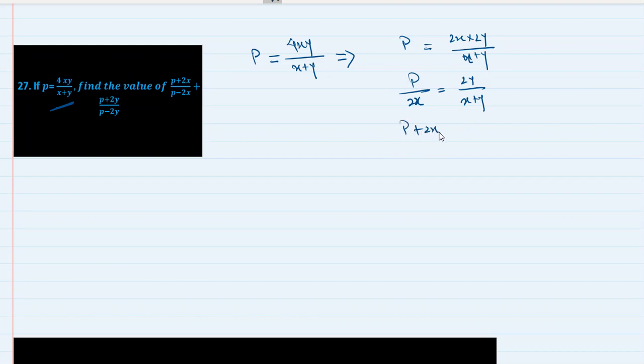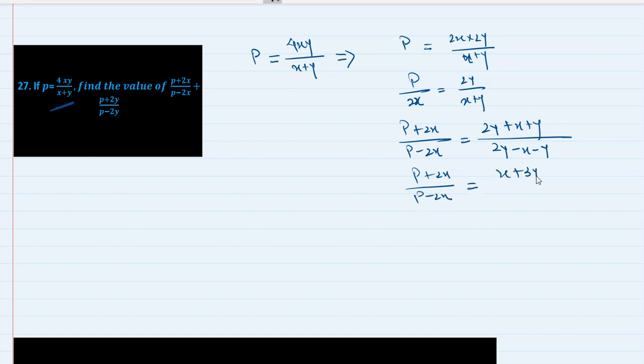P plus 2x upon p minus 2x is equal to 2y plus x plus y upon 2y minus x minus y. So p plus 2x upon p minus 2x equals x plus 3y upon y minus x. Okay, so that's the answer of this first ratio.